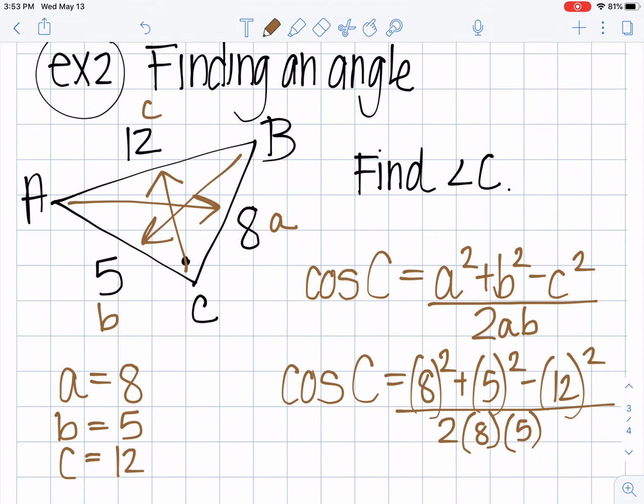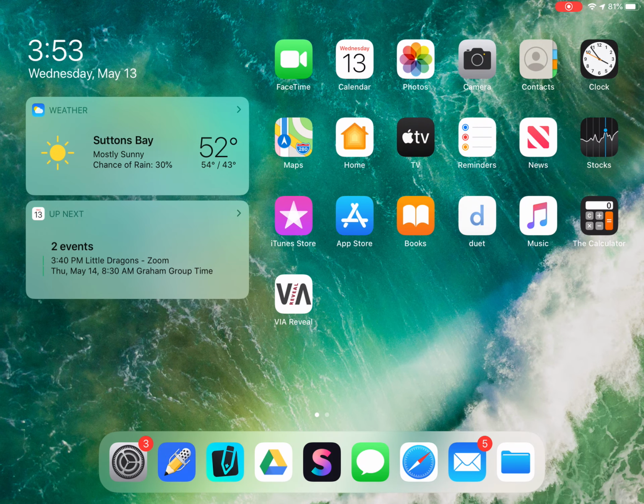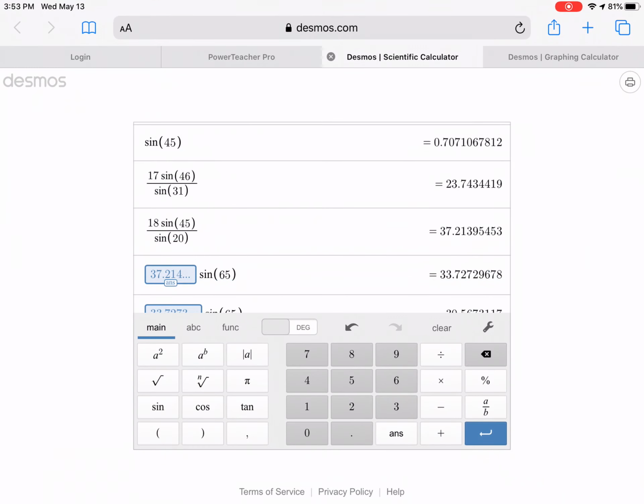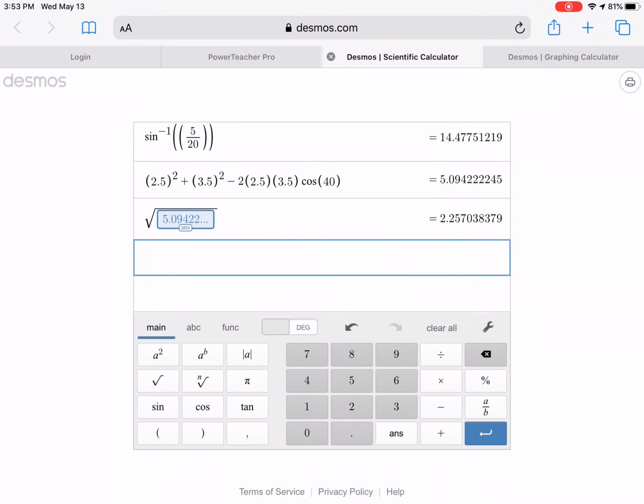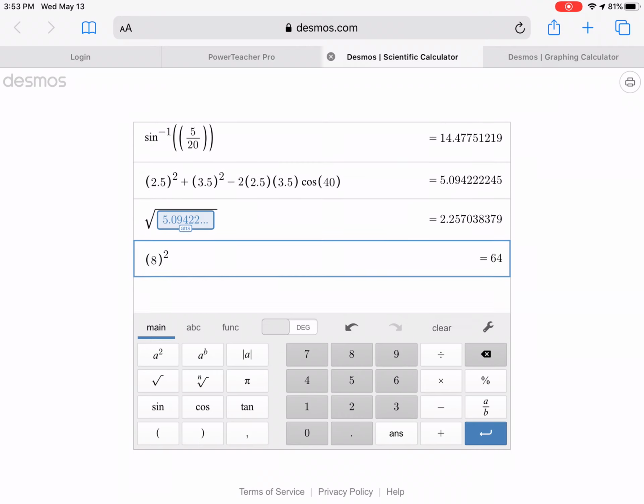Okay, so I'm going to plug it in my calculator. So let me open up my calculator here. And here we go. So I have 8 squared plus 5 squared minus 12 squared.